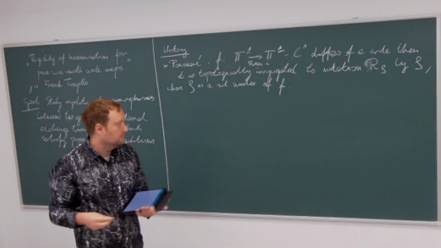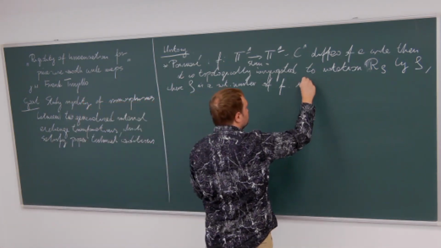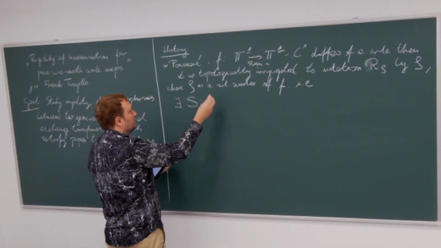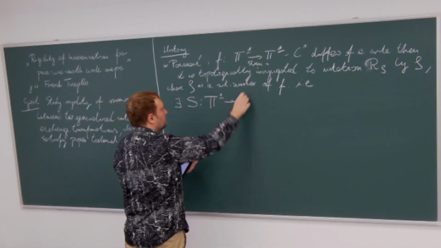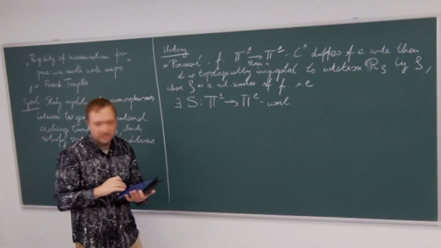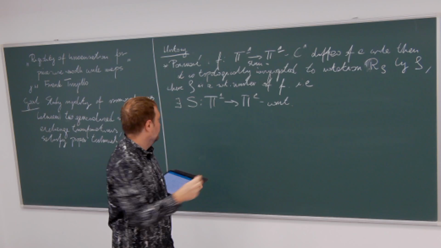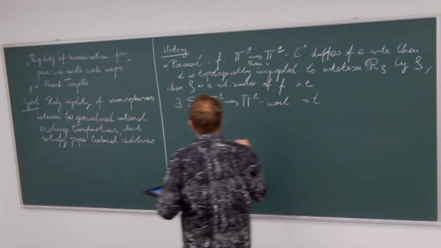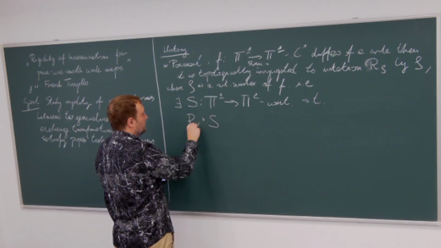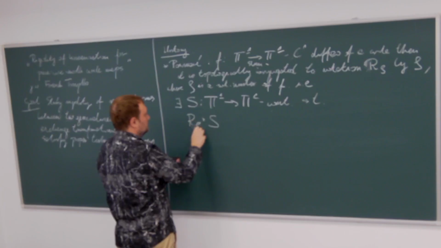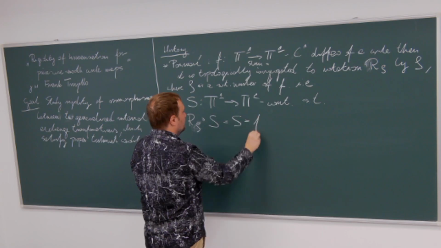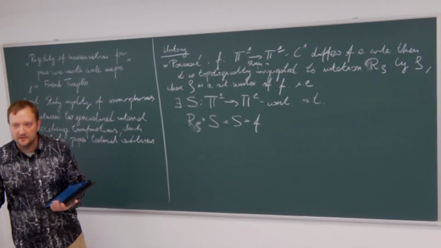So what do I mean by semi-conjugation? It means there exists a continuous map S of a circle, continuous, right, so the continuous corresponds to the word topologically, such that if I first act by S and then act by a rotation by rho, this is the same as first acting by map F and then acting by S. So this is one direction.